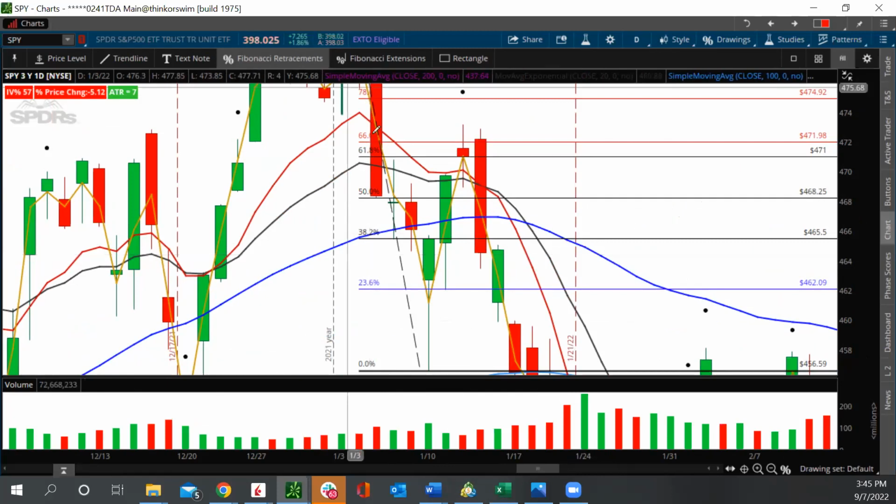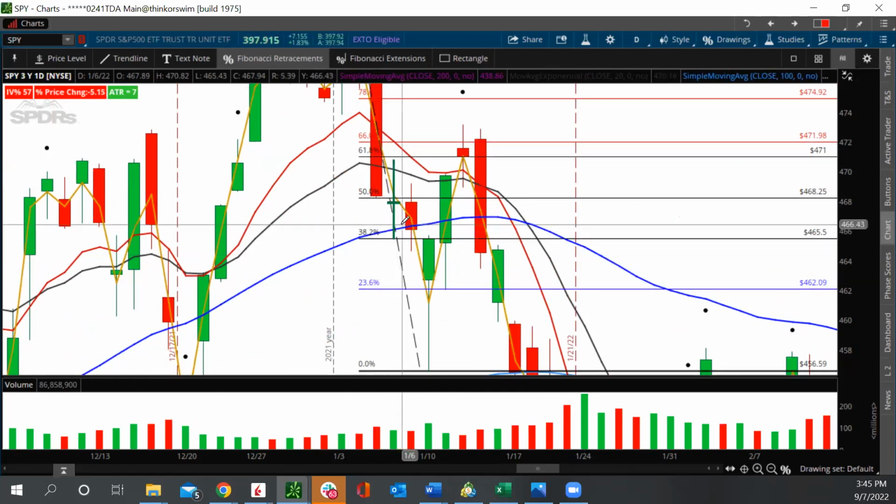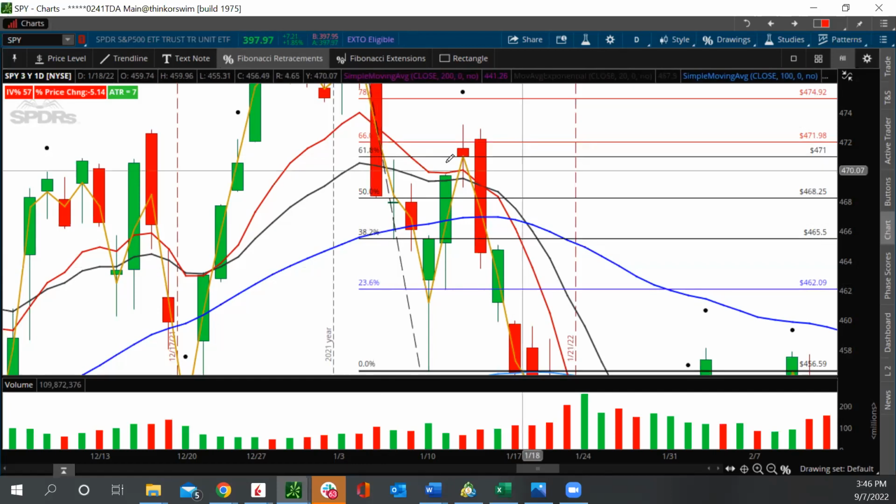The main thing to consider is that these are not specific levels as much as a zone. You want to think of 38.2, 50%, 61.8 as a zone, and anywhere in that zone is where you want to look for a signal that price is going to start heading the other direction.